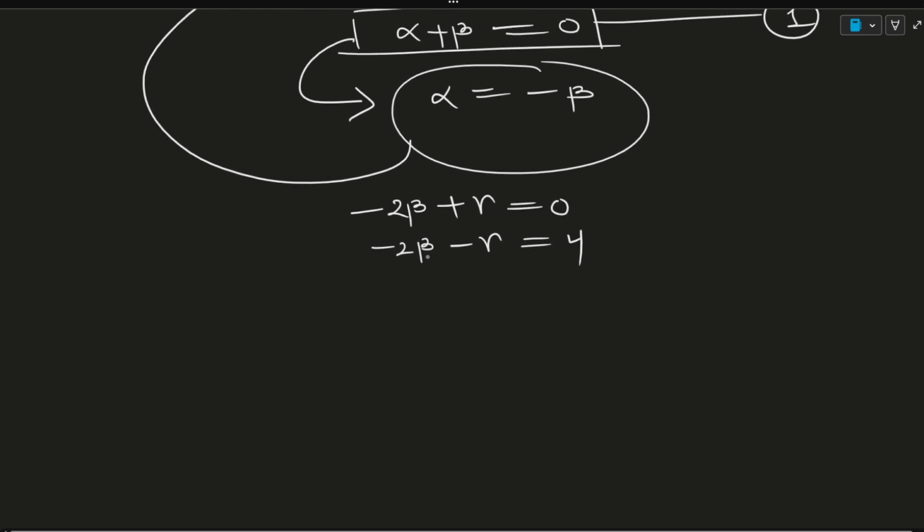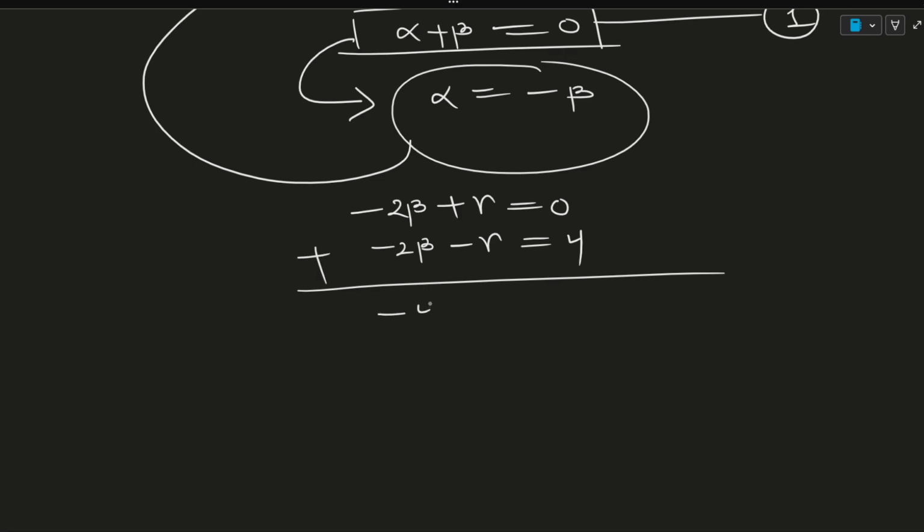Now by adding these two equations, what we get is minus 4 beta is equal to 4, so beta equals minus 1.